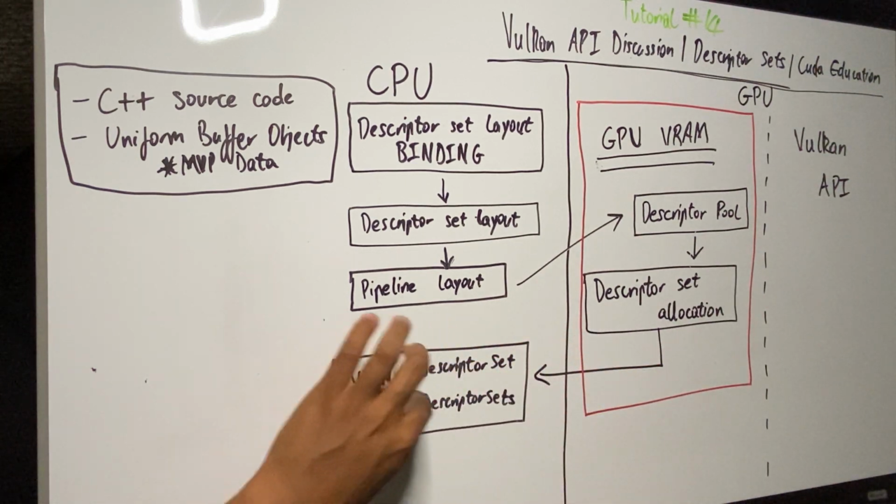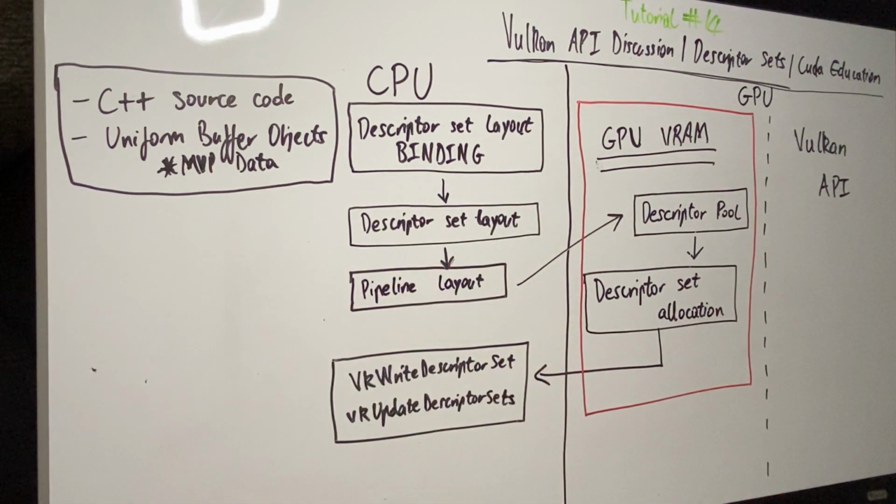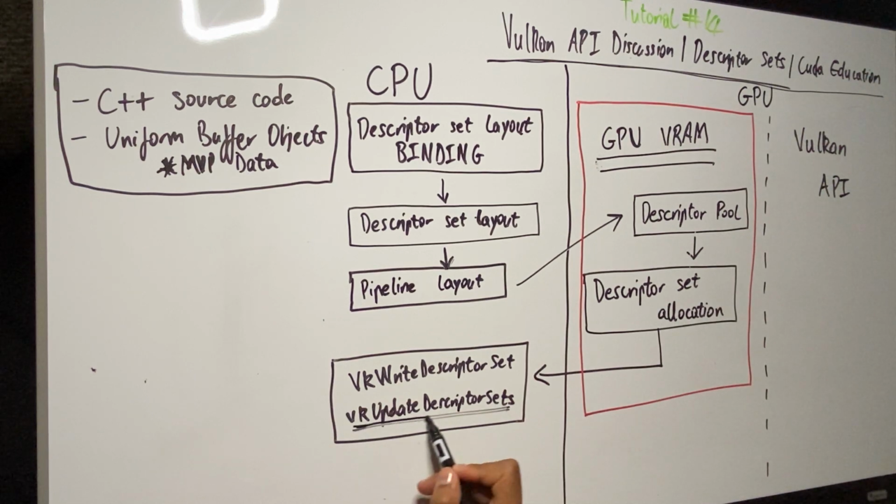Now the VK update descriptor sets is an actual function. The VK write descriptor set is like a vector array of stuff, and I guess that would hold all of your descriptors and everything. But the VK update descriptor set is the real big man in town, right? This guy right here.